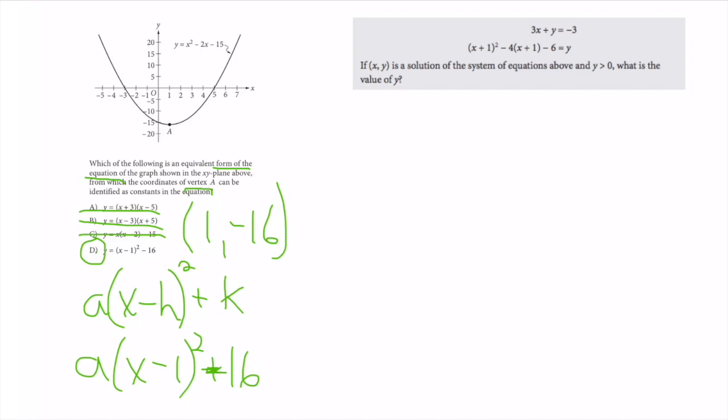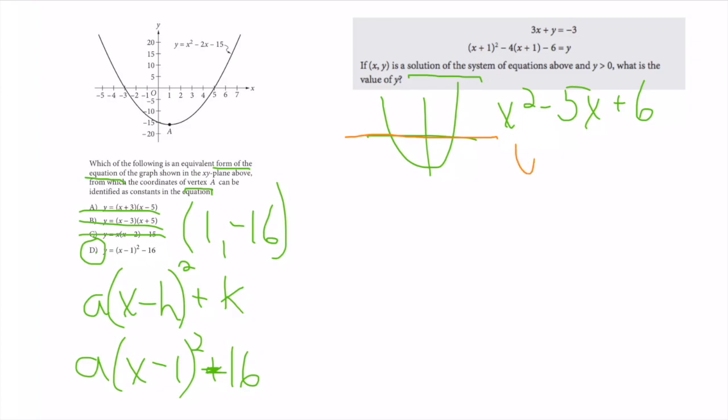One thing I want you to notice is that when we're looking for a solution to a quadratic, say this was x squared minus 5x plus 6, and I was looking for the solution of this equation, really what I'm doing is comparing it to y equals 0.